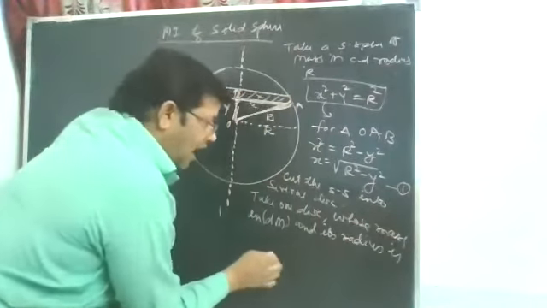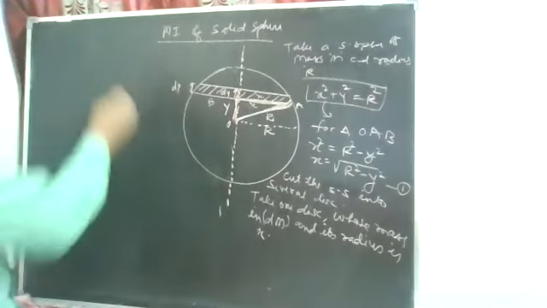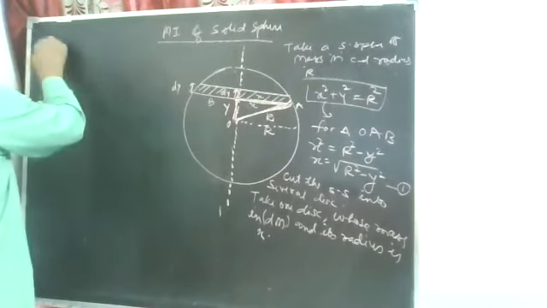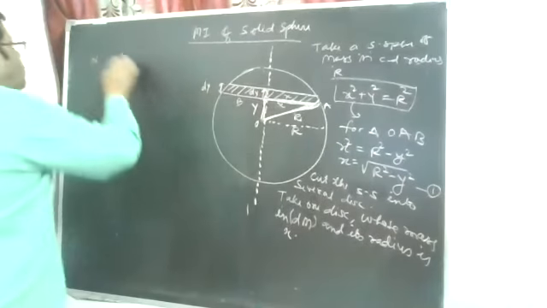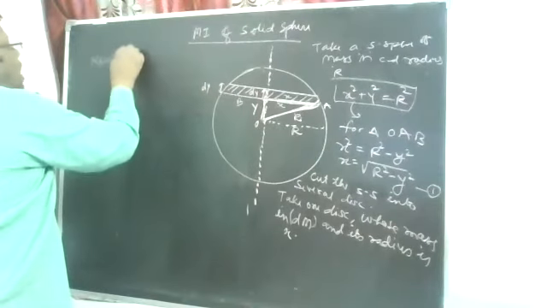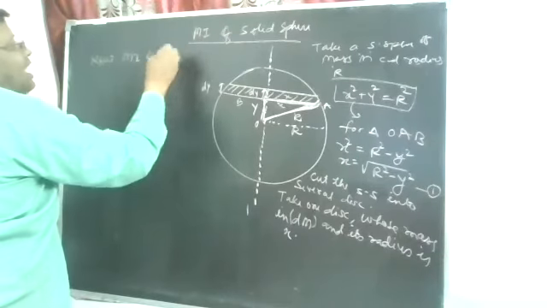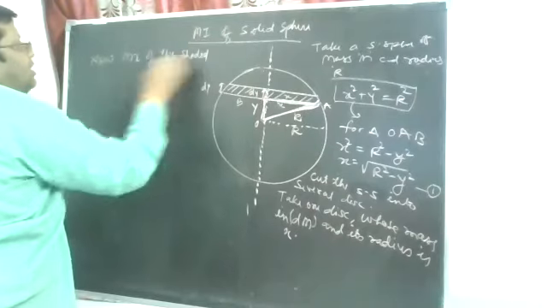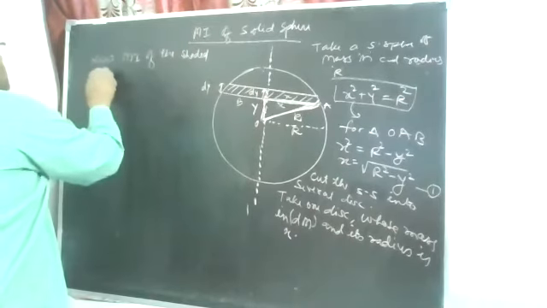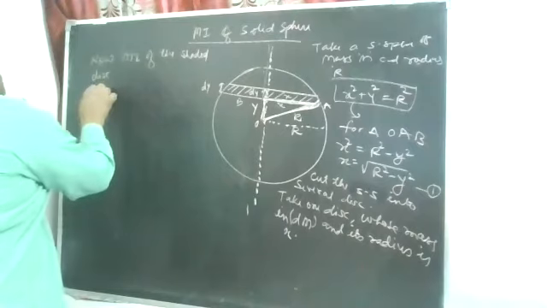Now, all of you see the moment of inertia of this shaded disc about this axis which is passing through its center.